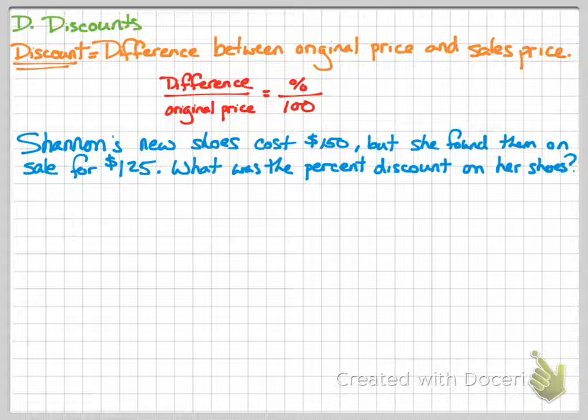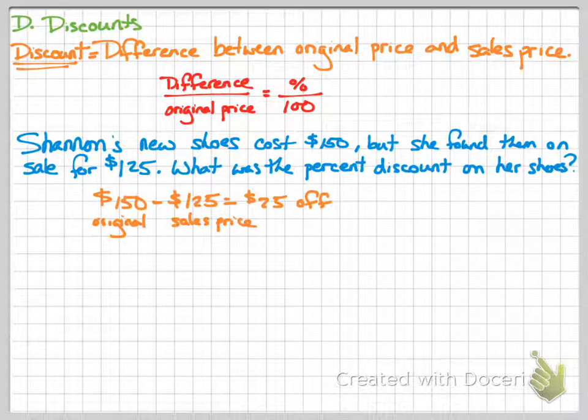Shannon's new shoes cost $150, but she found them on sale for $125. What was the percent discount on her shoes, the ones on sale? So we say, well, wait a second. There was a change, a difference or a discount of $25 off from the original to the sales price. So with that difference, I can build my proportion.